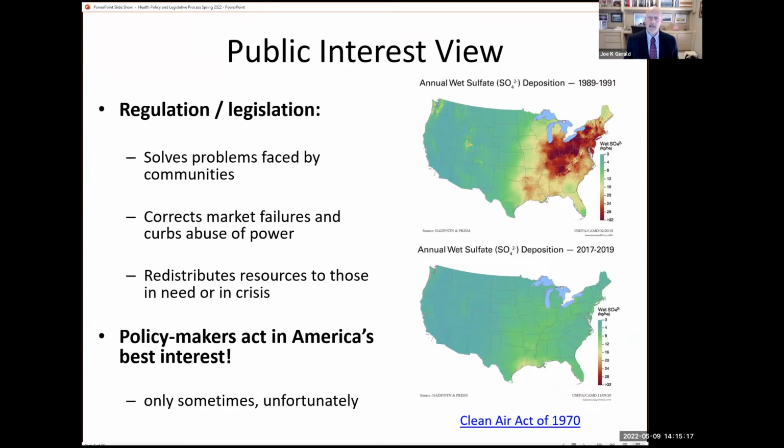In the United States, one really key success story with regard to regulation is environmental pollution, specifically air pollution. Back in the late 1970s, early 1980s, the United States relied very heavily on coal-generated electricity.